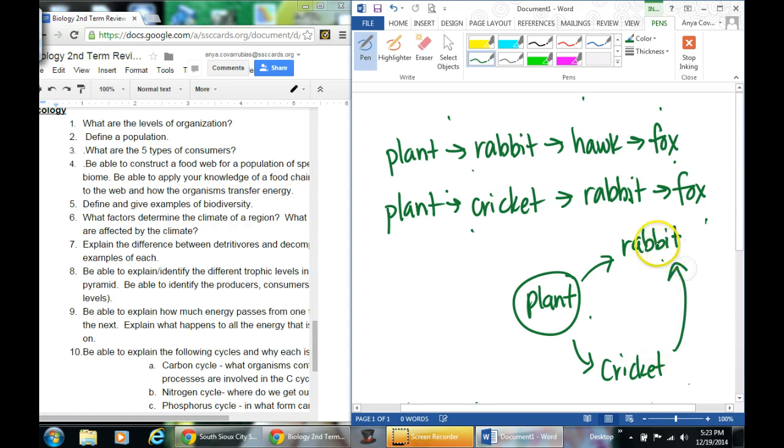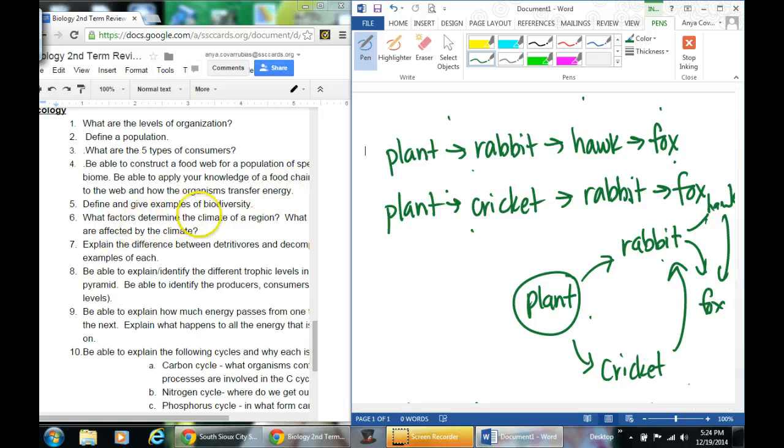Then the cricket could go to the rabbit, and then the rabbit goes over to the fox, and the rabbit could also be eaten by the hawk, and then the hawk can also be eaten by the fox. So we get a more complex look at what an ecosystem's food web really looks like.